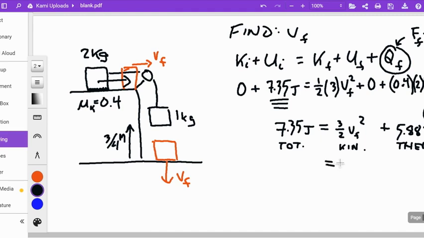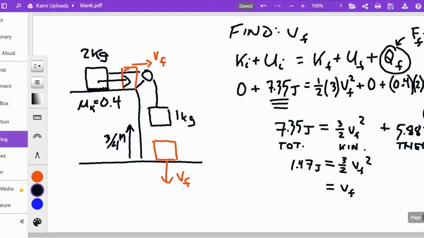The rest of this is just kind of the math. So we're going to subtract off 5.88 from 7.35. I'm getting 1.47 joules is equal to 3/2 V final squared. So we multiply by 3, divide by 2.